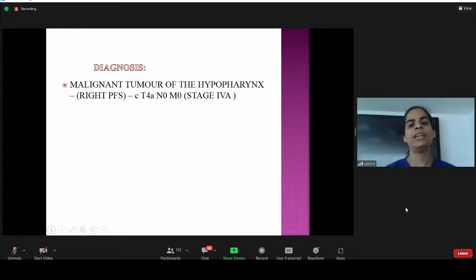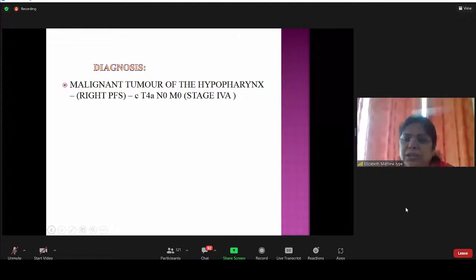Ma'am, for larynx and hypopharynx, CT is generally the first investigation of choice, and MRI can be used for troubleshooting in cases where we have doubtful involvement of the cartilage, especially in early cases, or even in advanced cases if there is exolaryngeal spread but we have doubt about the cartilage involvement. The negative predictive value of MRI for cartilage involvement is close to 99 to 100%, and it's highly sensitive. So in those places we can use an MRI.